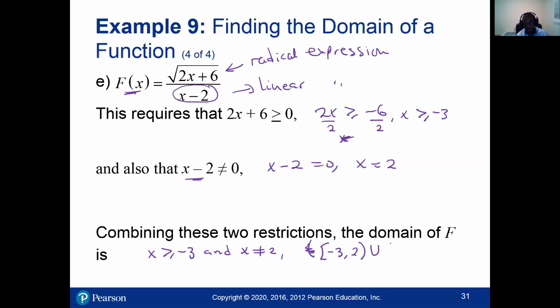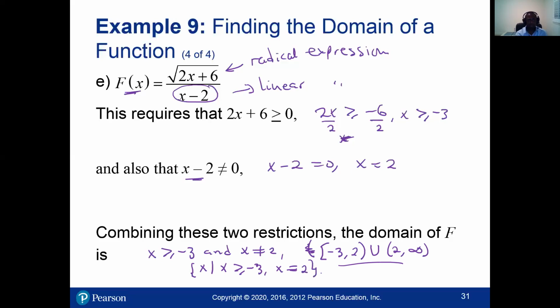Then union, 2 to positive infinity. So this will be the interval notation. The set notation will be the set of x, such that x is greater than or equal to -3, comma, x is not equal to 2.